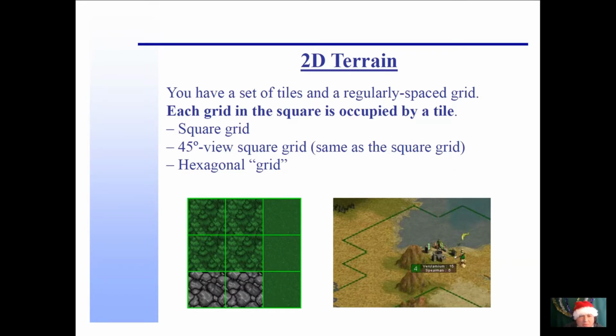We can apply something like a 45-degree view to these tiles, but even if we do something like this, it's still a 2D landscape. Sometimes you would prefer to use a hexagonal grid to get slightly more interesting effects.